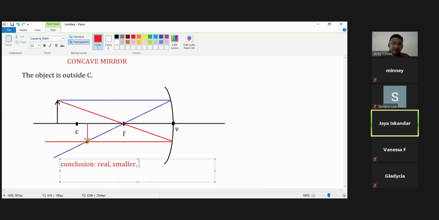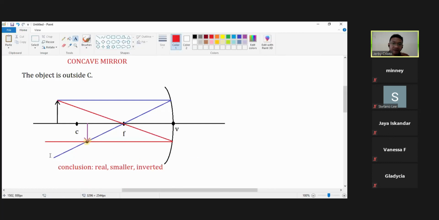Inverted. Yes, Jaya, it is inverted. And this is how we describe the image.